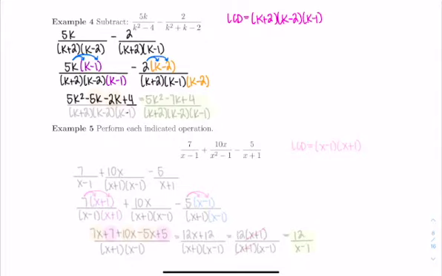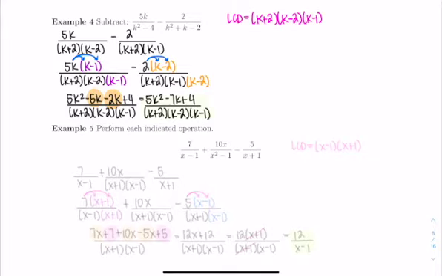And this entire thing is going to be over my LCD, which is k plus 2, k minus 2, and k minus 1. Looking at the top, combining like terms, we end up with 5k squared minus 7k plus 4 all over my LCD of k plus 2, k minus 2, and k minus 1.